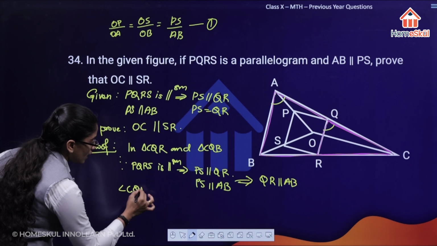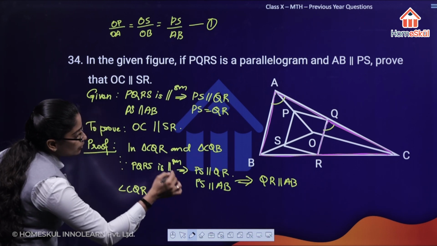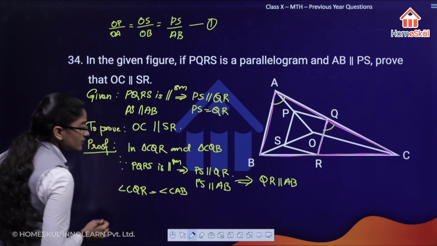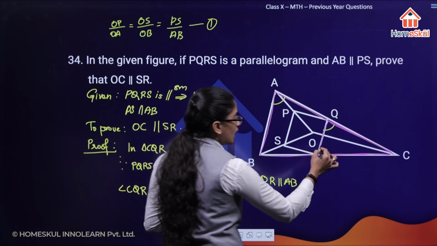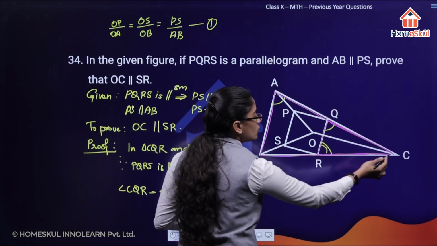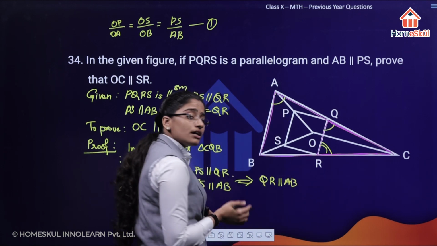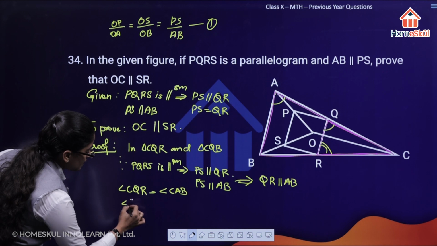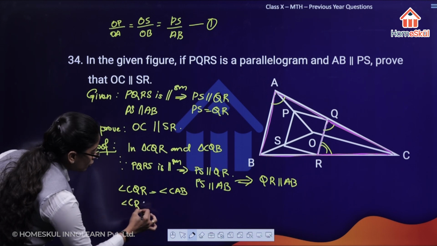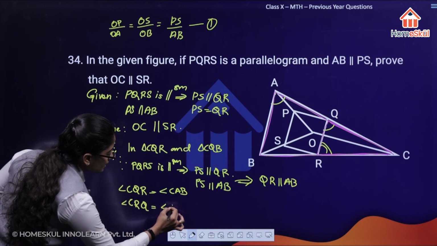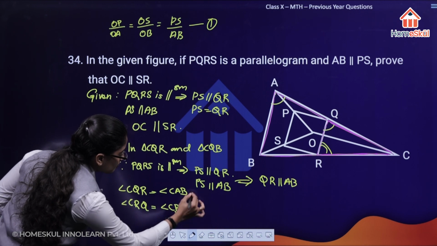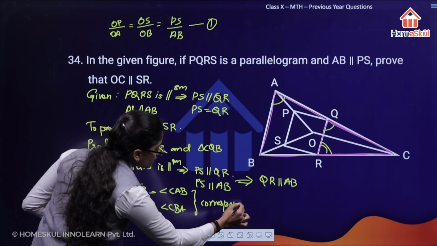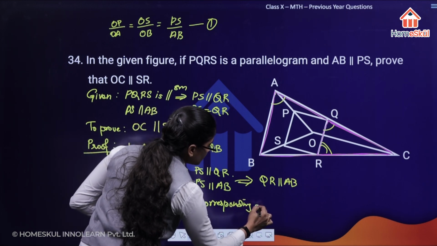Similarly, angle CRQ is equal to angle CBA, because they also form corresponding angles.